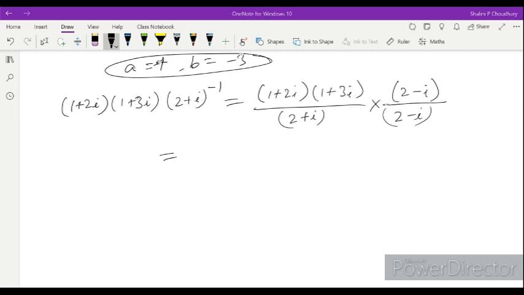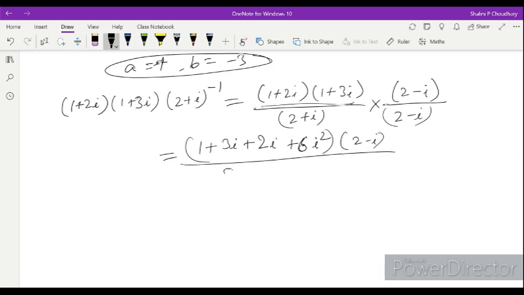After multiplying this, we'll get 1 plus 3i plus 2i plus 6i square for this part, and into 2 minus I, divided by 2 square plus 1 square.